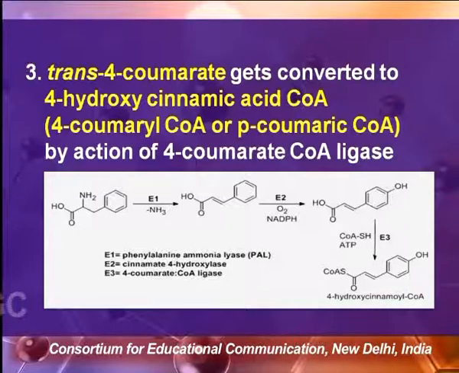In the first step, the parent molecule, that is trans-4-coumarate, reacts with ATP to form an adenylate intermediate, and in the second step, this adenylate intermediate cleaves and AMP is released, and the remaining intermediate gets combined with the sulfhydryl group of coenzyme A to form the 4-coumaroyl CoA or the para-coumaroyl CoA.